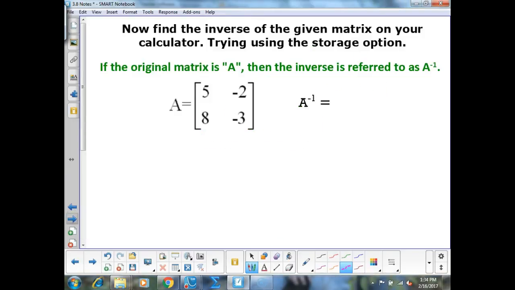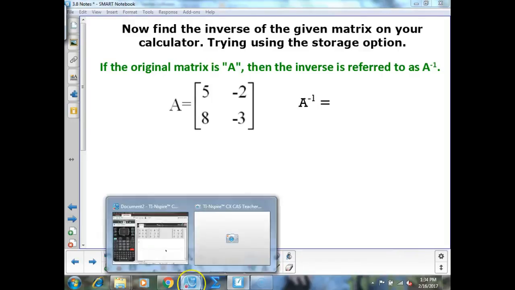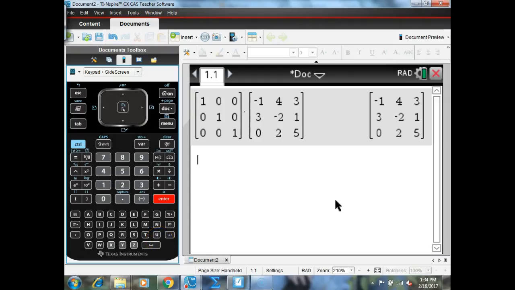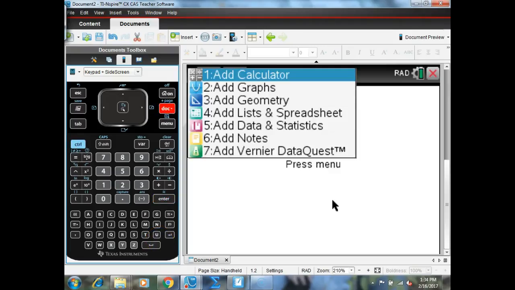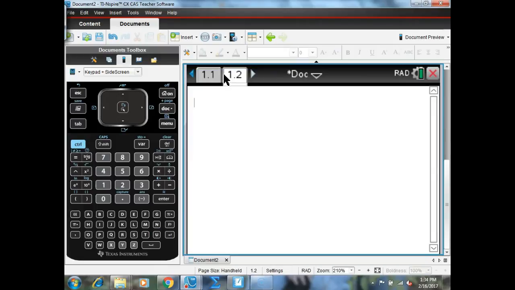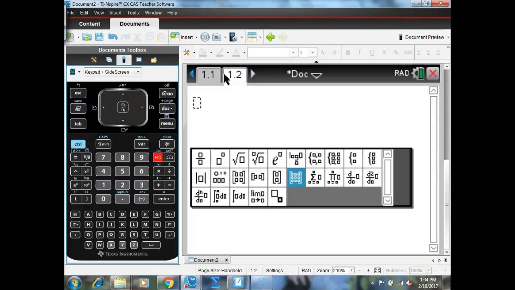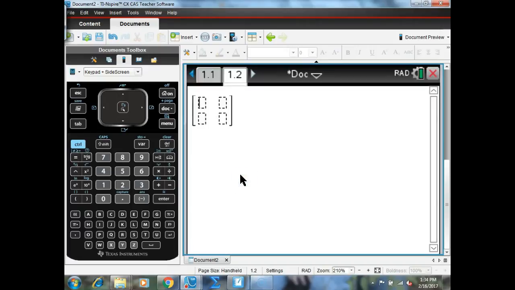Okay? Now, let me show you how to do that on the calculator. On the calculator, what we're going to do is first create a 2 by 2 matrix.